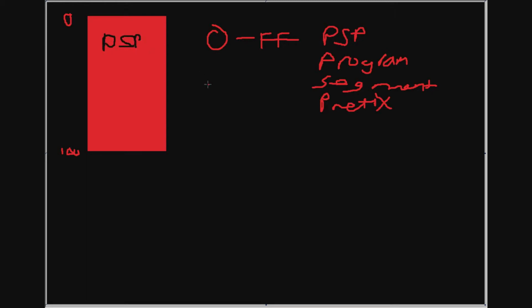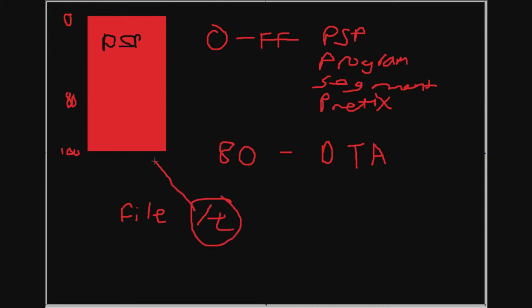At offset 80, that's the location of our disk transfer area. Actually, 80 is also the address of what's typed after the command. For example, if you were in DOS and you want to run some file, and you type the file name and then text, say slash t or something like that, the slash t parameter would go at offset 80.